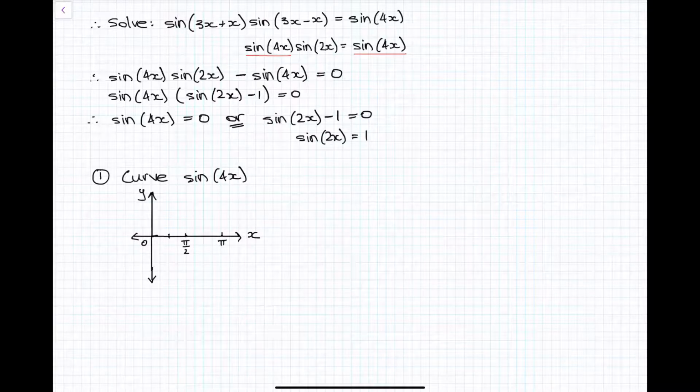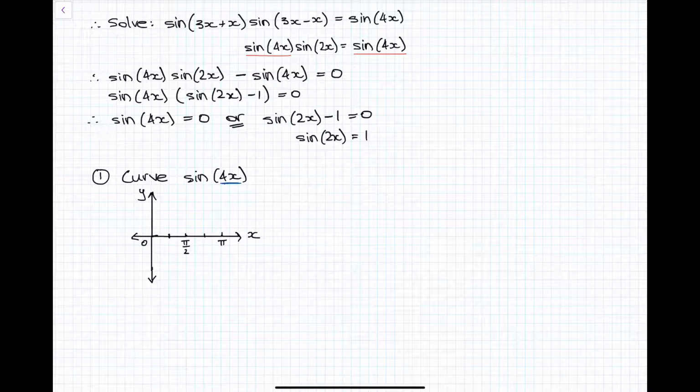And I'll just split each of those, noting the nature of the sine curve. If you're familiar with the curve of sine x, you'll know that it goes through its full shape between 0 and 2 pi. That means the curve of sine 4x will go through its full rotation between 0 and 2 pi on 4, or in other words 0 and pi on 2.